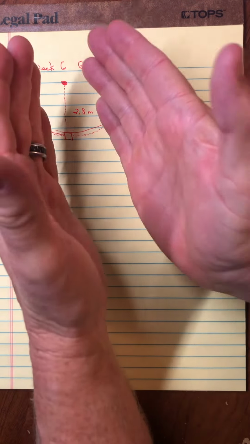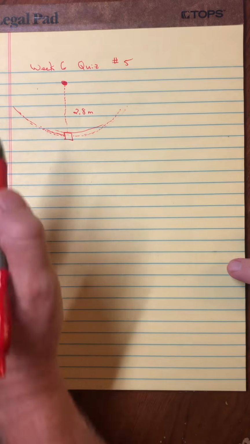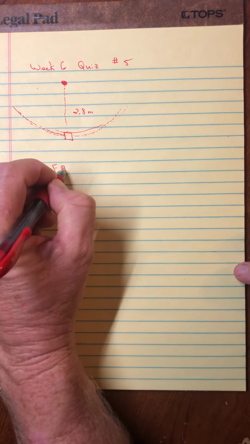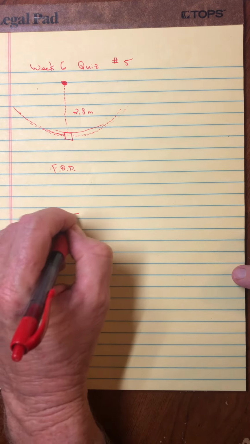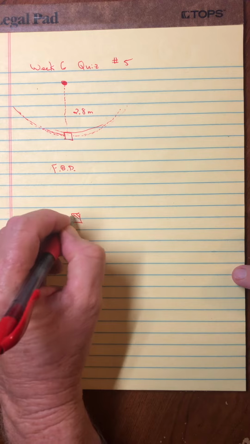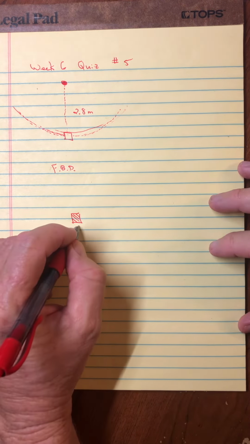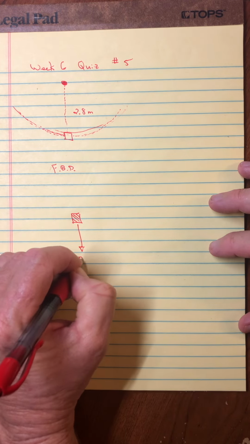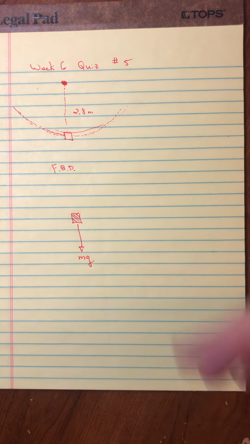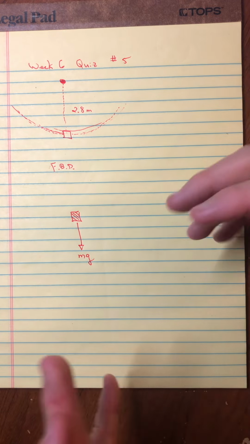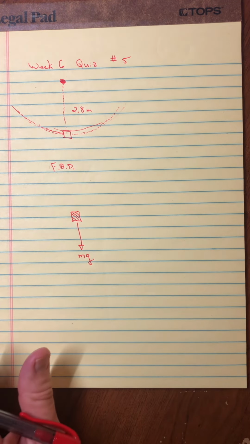They're asking something about the lowest point. So I'll go on to step 2, which is the free body diagram. I'll draw the child, kind of a boring picture of the child. But as I like to say, look at all the forces on the child. The easiest one is always the force of gravity, mg. Draw that one first, pointing down, and then look for everything touching the child.